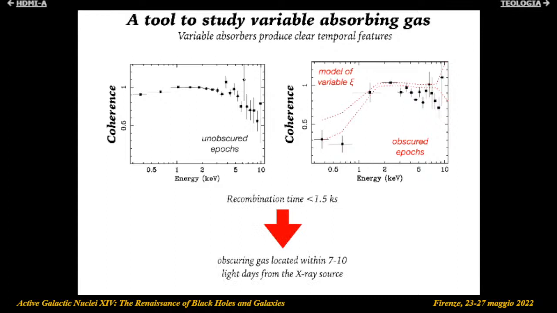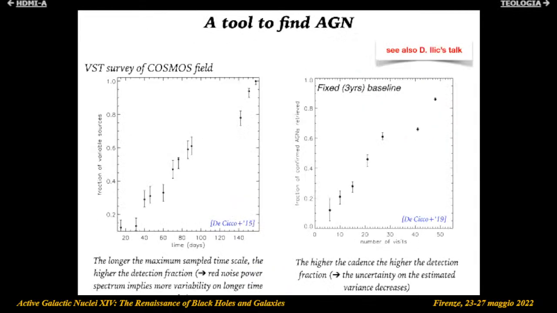Then we can use variability as a tool to find AGN, in aid of other spectroscopic or photometric techniques. In this case, it is very important to take into account the survey strategy, because our sensitivity to detecting AGN depends on the length of the survey.